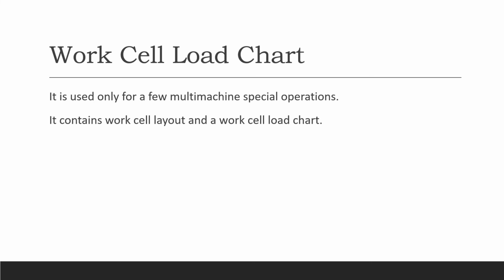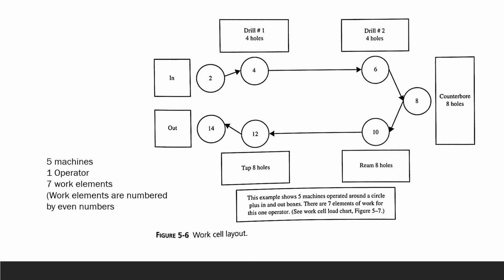Work cell load chart. So this chart is used only for a few multi-machine special operations, and it contains a layout and a chart. This is a layout for work cell, and we have 5 machines, 2 drills, and 3 holes, and 1 operator, and 7 work elements.